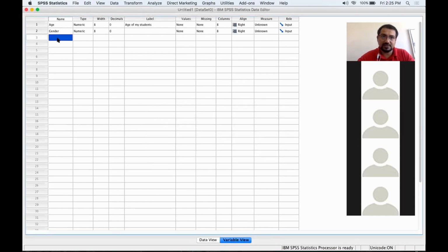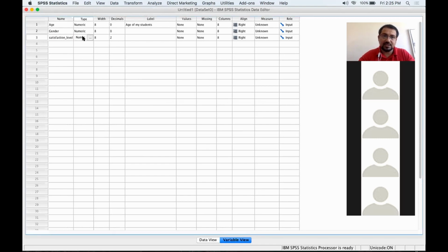So it is better not to. Likewise you can do satisfaction and then underscore level. Okay, and now it has accepted. Satisfaction level. Name, and of course it is going to be defined in 1 2 3.